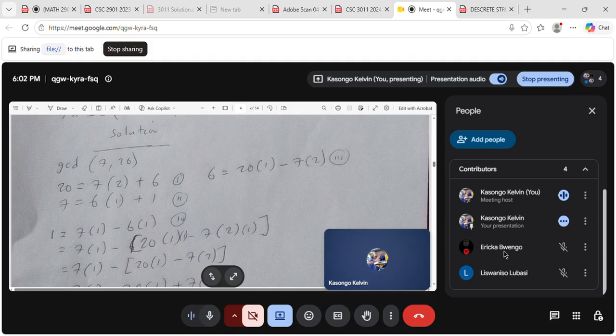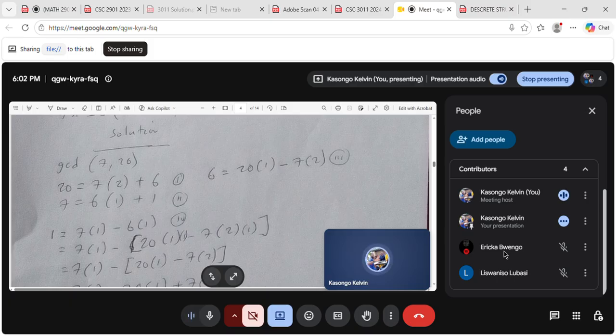So, as long as the GCD is not 1, the equation doesn't have a solution. Please, that is very, very important. That's why we left off at equation number 2, because we want any equation whose remainder is non-zero.